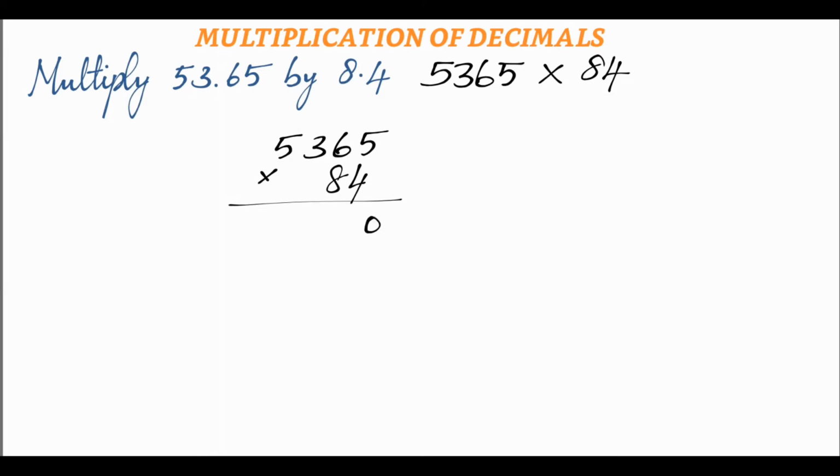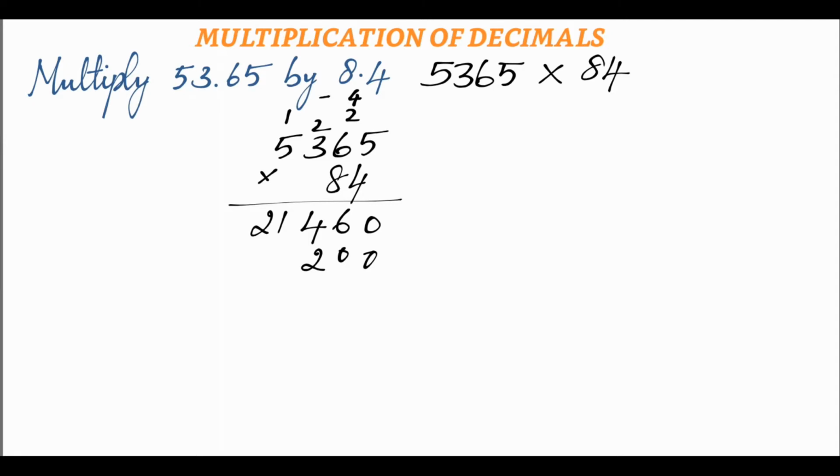4 5s are 20, 4 6s are 24, 25, 26. 4 3s are 12, 13, 14, 4 5s are 20, 21, 0. 8 5s are what? 40. 8 6s are 48, 49, 51, 52.